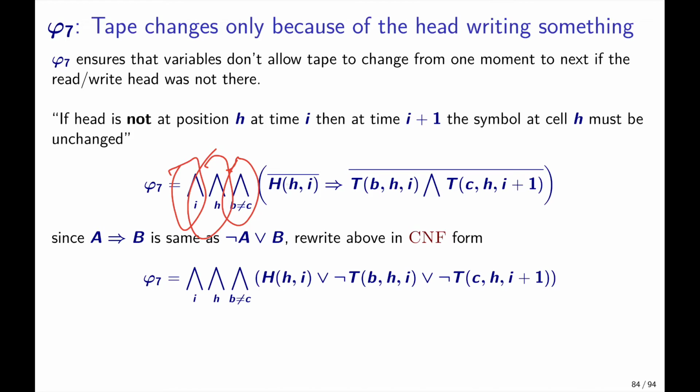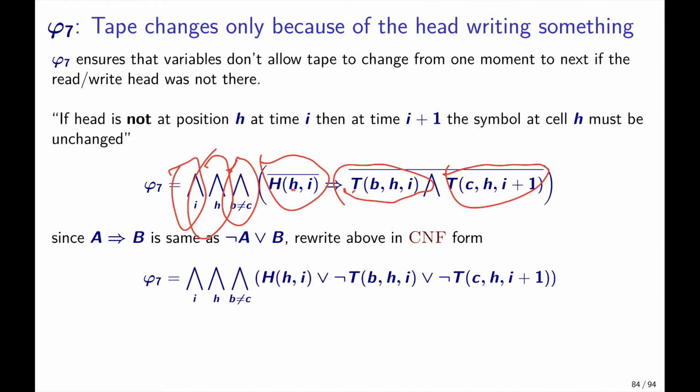and we say the fact that the head is not at location H at time I implies that the tape has the same value before and after. Or if you want, the fact that the head is not there implies that the value has not changed.